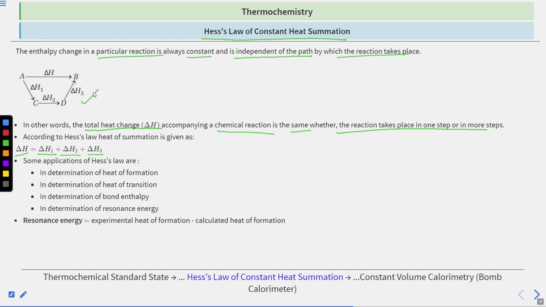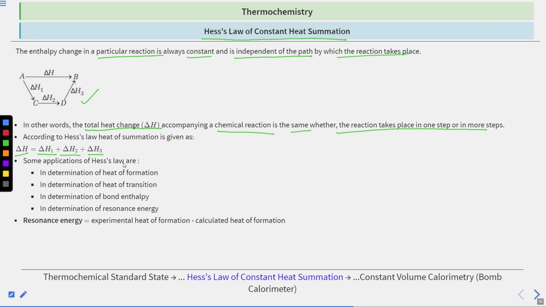Okay, you can relate this from the diagram. Because A to B is a single step with enthalpy del H, but A to B can happen in different steps like A to C, C to D, D to B. So the enthalpy will be the sum of the step enthalpies, equal to the single step enthalpy.